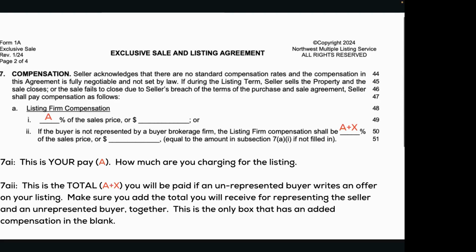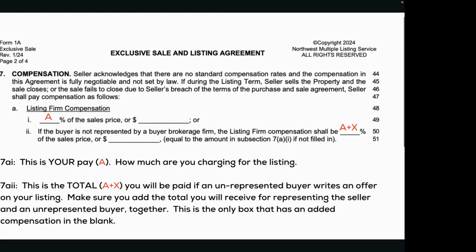When you're thinking about your compensation, paragraph A is what you get as the listing agent. How much are you charging for the listing? Paragraph A, 7A, subsection II, is what happens in the event that there is no buyer broker, and a buyer just comes to you and wants you to put an offer on a home without being represented.